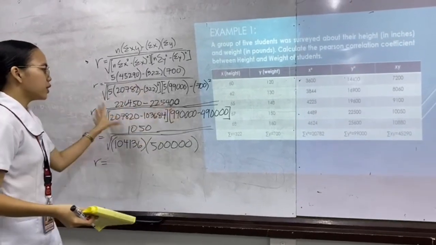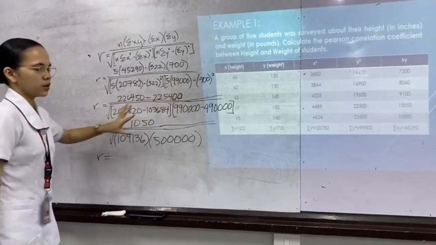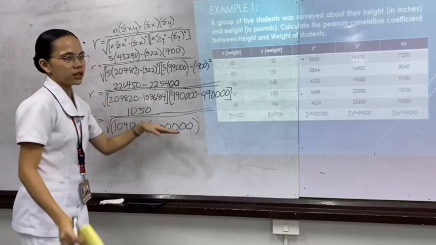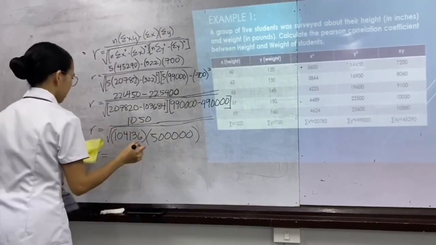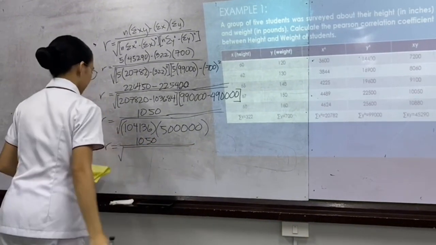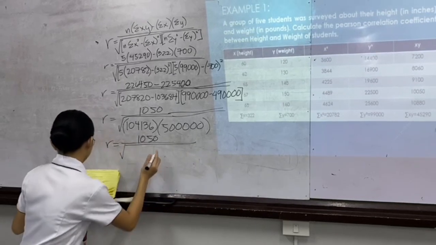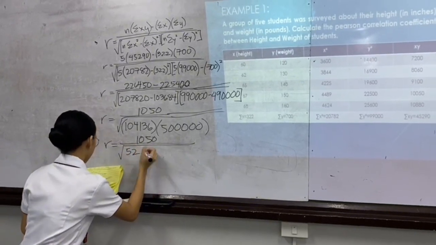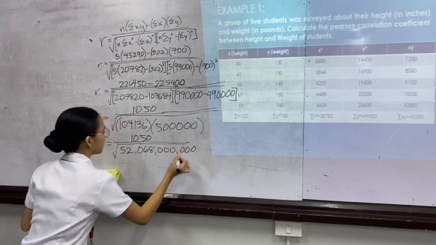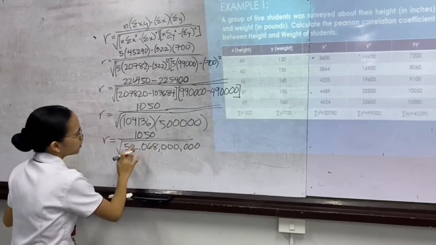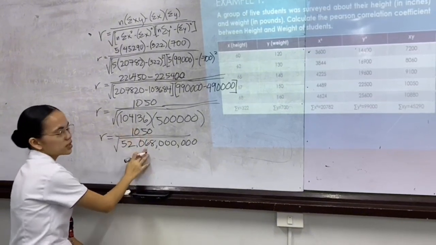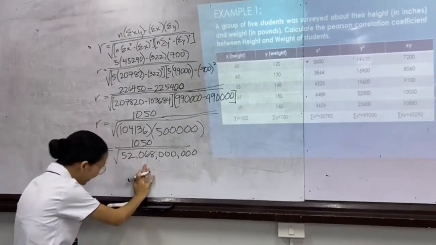After subtracting the numerator and the denominators, we will now multiply 104,136 by 500,000. And we will get 52 billion 68 million.